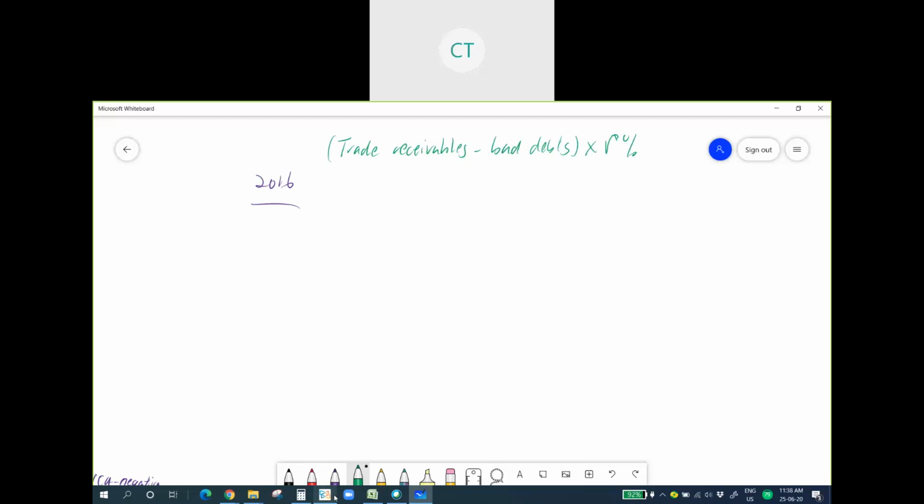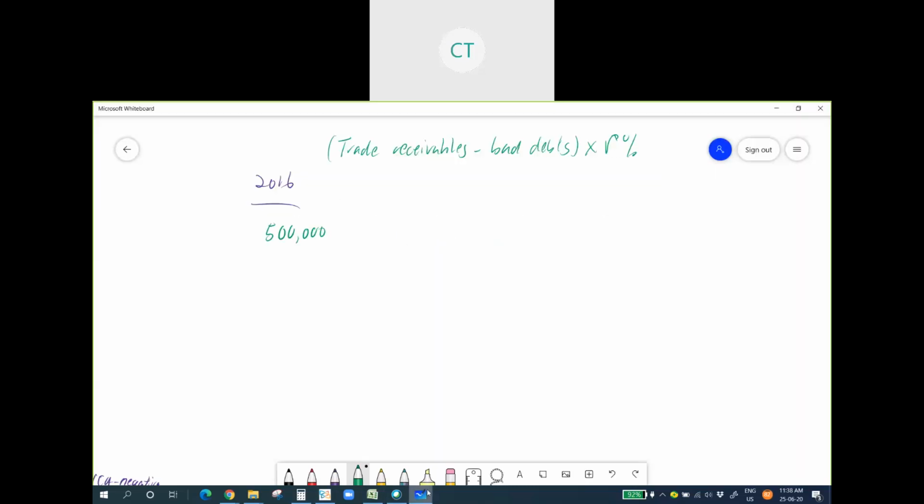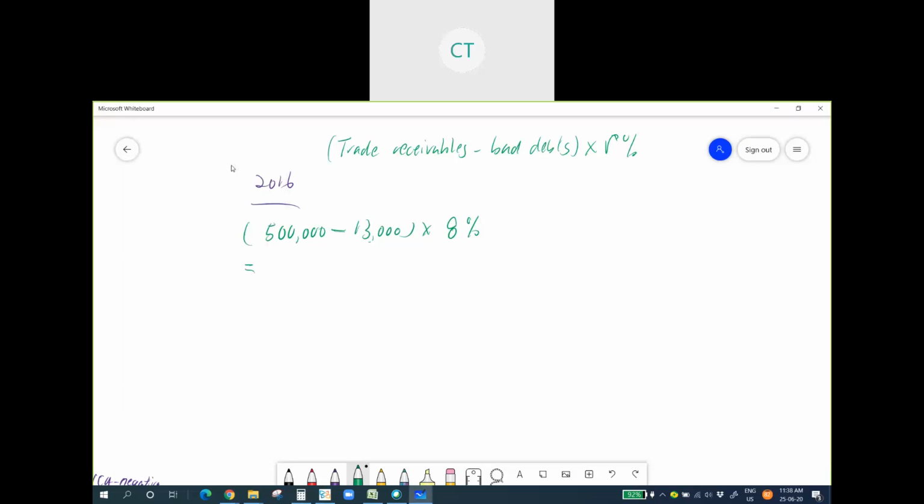For 2016, the trade receivable is 500,000, the bad debts is 13,000, and the rate is 8%. So 500,000 minus 13,000 times 8%. We get 38,960.